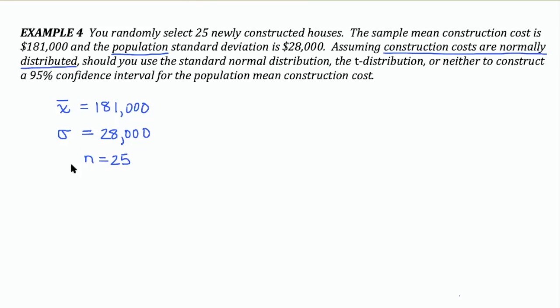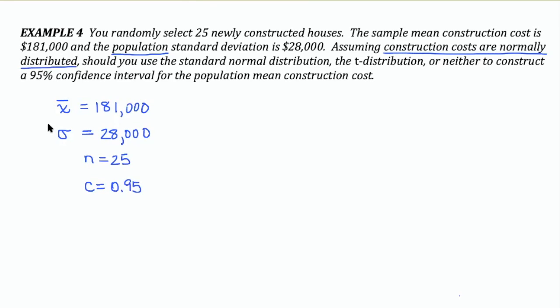So that's that very first question in the flow chart, is whether or not your sample is normally distributed or whether it's at least 30. Should we use the standard normal distribution, the t distribution, or neither to construct a 95% confidence interval for the population mean construction cost?